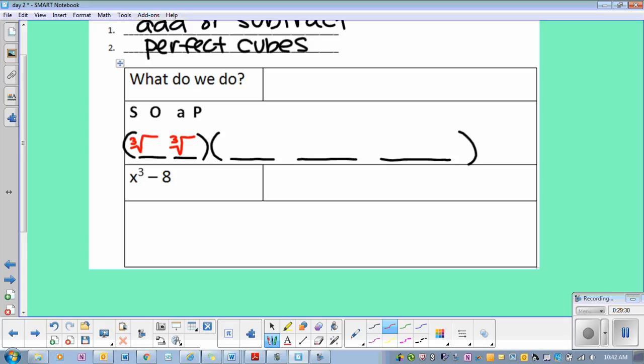And then in your 3, in that first one, you want to square, not square root, square your first one. That means you're going to multiply it by itself. And in the middle, you're going to multiply both of them.